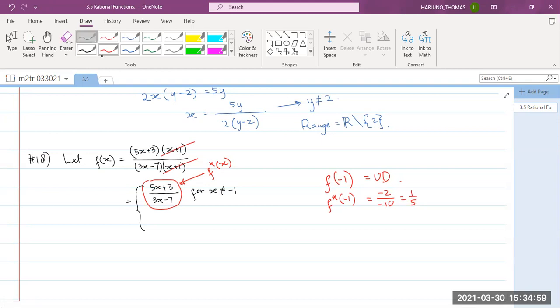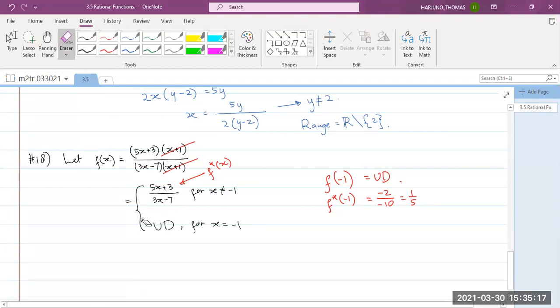Now then it is undefined for x equals -1.